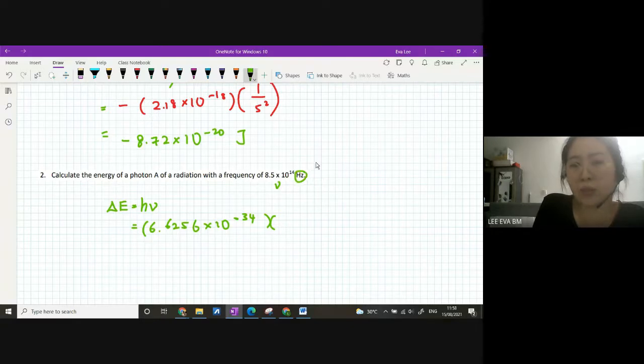Hertz also means per second. So kalau dekat sini kita tahu Planck constant ada unit dia adalah joule second. So ini per second kita boleh cancel off. So final answer you will get in joule. So 8.5 times 10 to the power of 14 to get your answer 2.74 10 to the power of 16 joule.